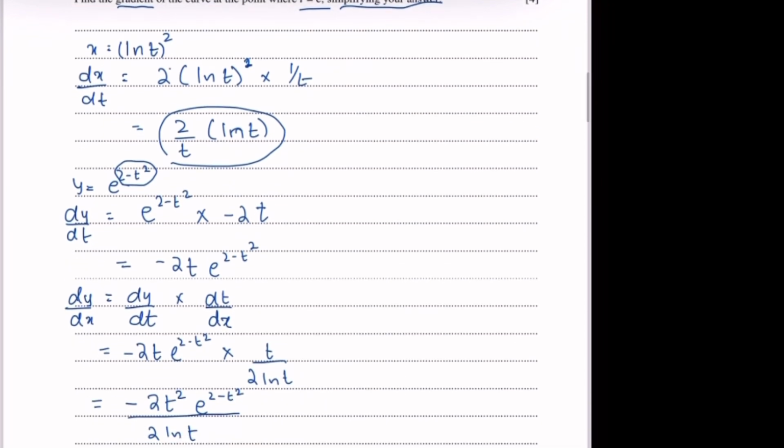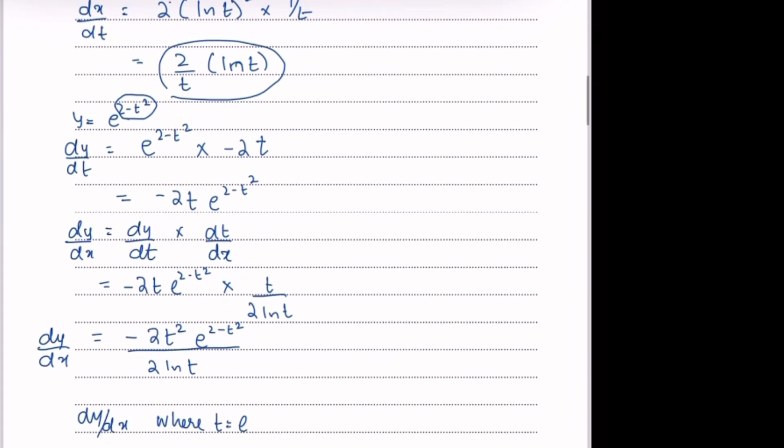And now we have to find the gradient where t is equals to e. So dy by dx where t is equals to e. So this is minus 2 e square minus e square divided by 2 ln.